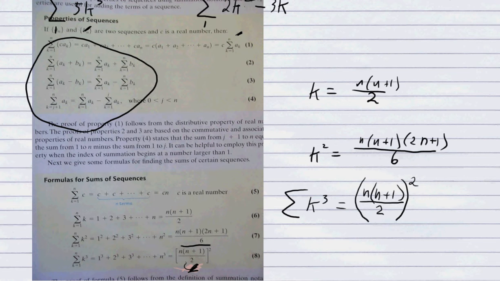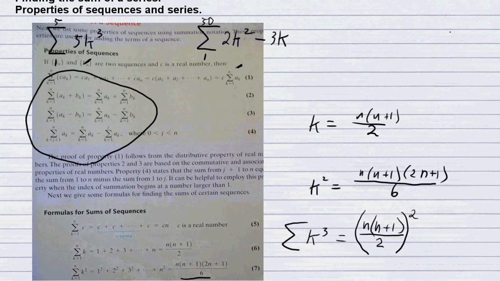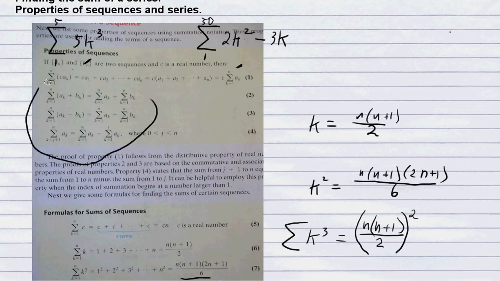Okay, so here we're going to go ahead and hide those formulas again. But actually before we do, notice, for example, we're going to make use of this formula right here, where if we've got a constant on the inside of the series, we can divide it onto the outside.